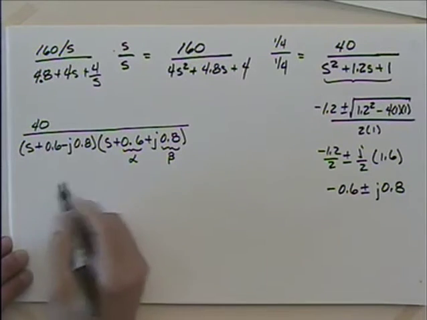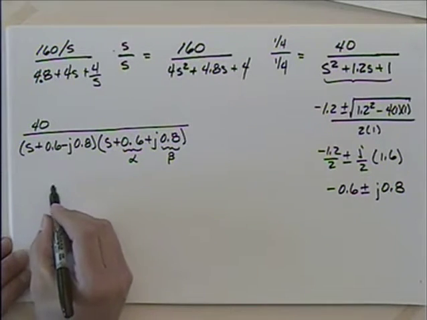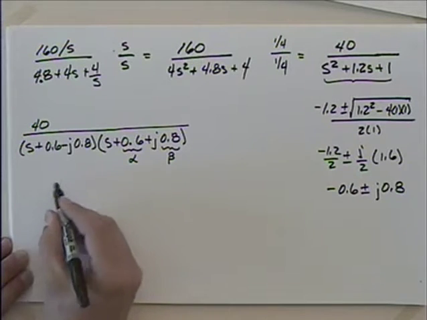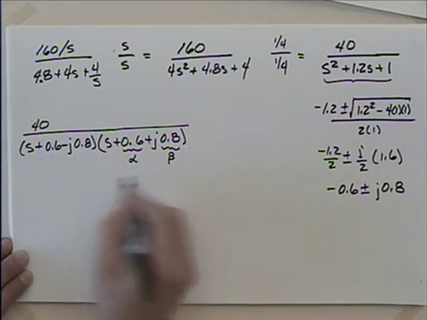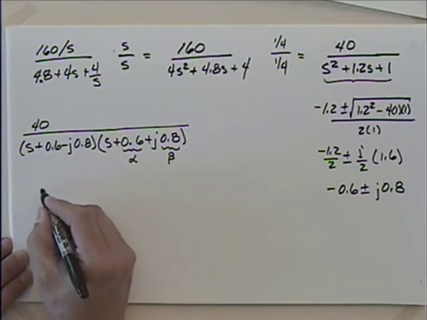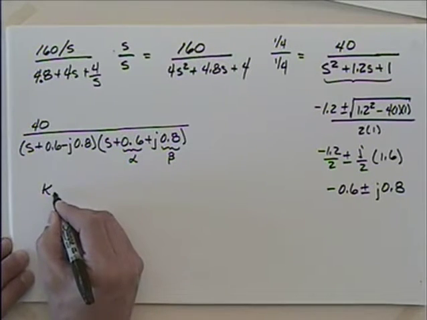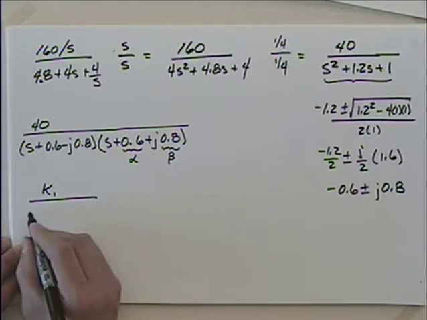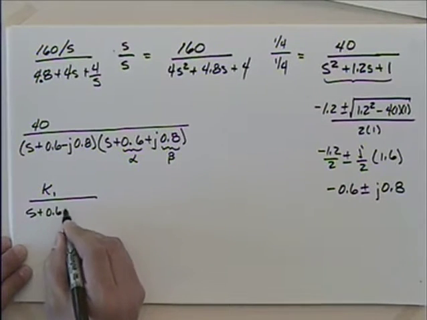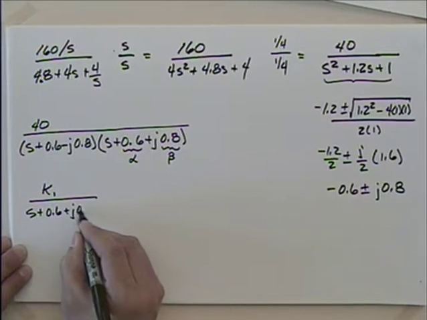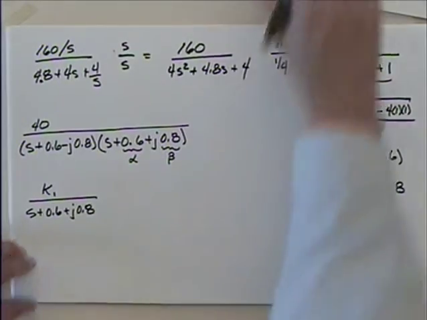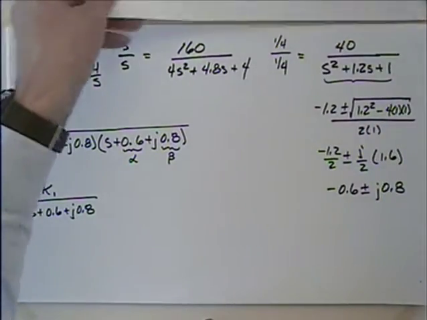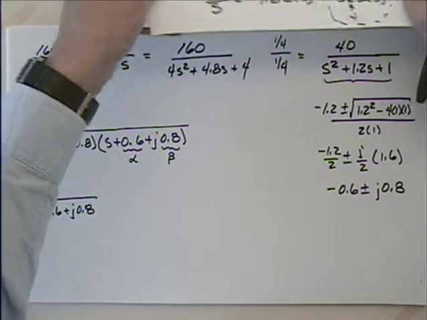So let's see. If I use partial fractions on this, I'm going to say that I have, this would be equal to K1 divided by S plus 0.6 plus J0.8, sure I got that right here.